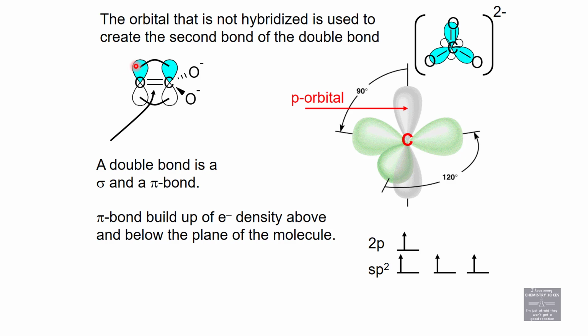The pi bond is electron density buildup above and below the plane of the molecule. So a sigma bond is electron overlap directly between two atoms. A pi bond is always electron density above and below the plane. The shapes of these pi bonds and sigma bonds are different. A pi bond is made from two p orbitals.